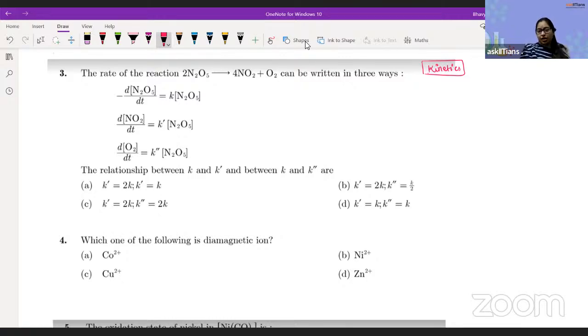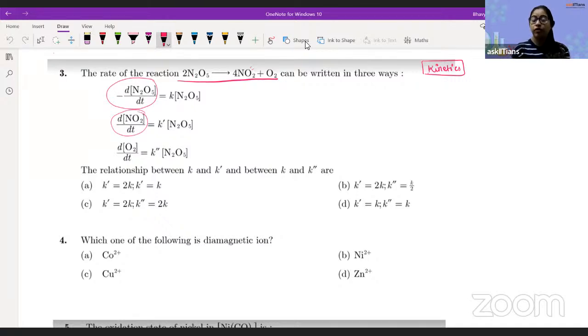And what did they ask us? They asked us that the rate of the reaction can be written in three ways. This is the reaction which they have given, and they have said that the rate of reaction can be written in this way or this way, that is, with respect to the reactant. And I know the reactant's amount is decreasing with time, and the amount of product is increasing with time.